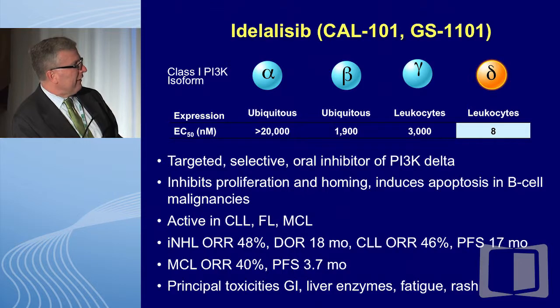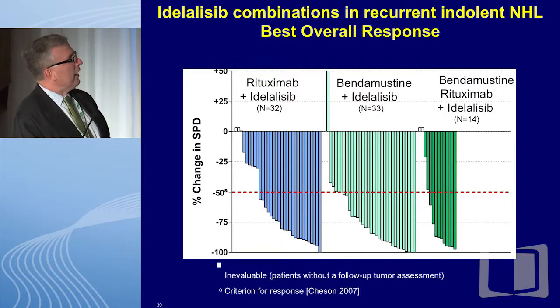It also has activity in CLL and in mantle cell, although in mantle cell the duration is a bit shorter. The principal toxicities of this drug include GI toxicity, liver enzymes, fatigue, and rash, but nonetheless, quite a reasonable overall response rate in recurrent follicular lymphoma, and also in rituximab refractory patients. We saw those data presented in Lugano.